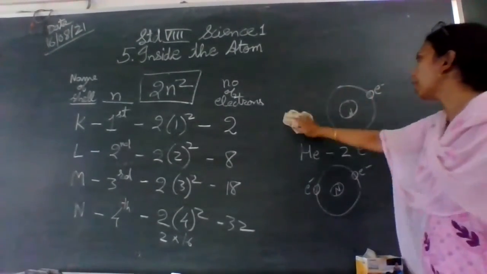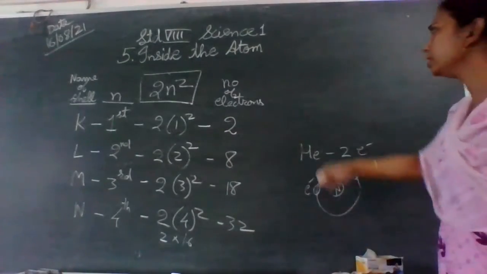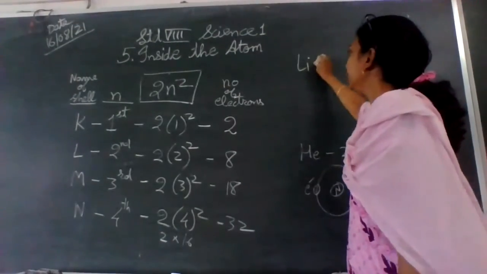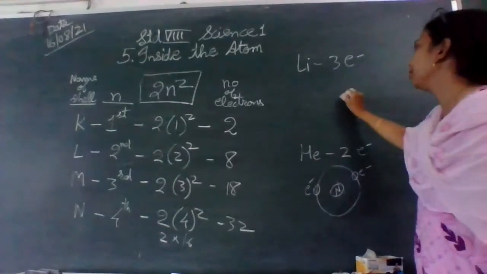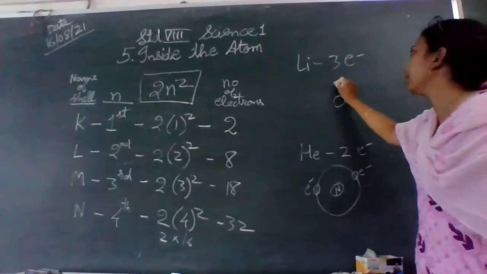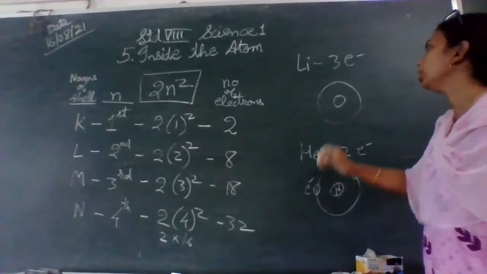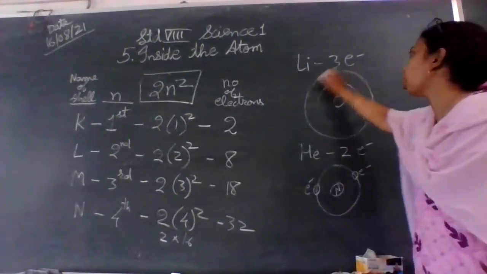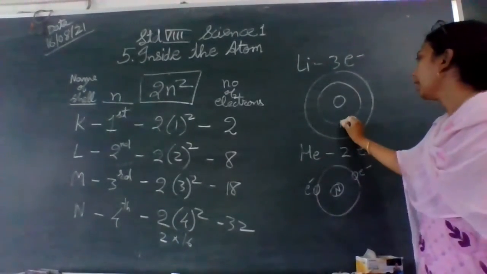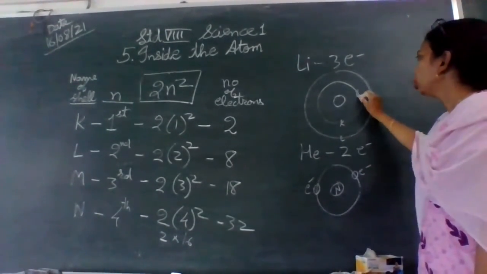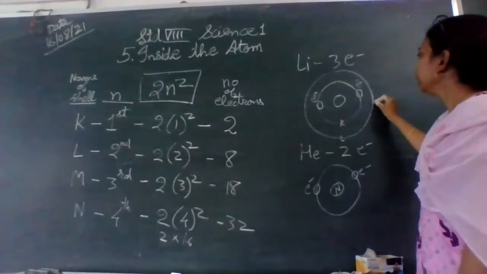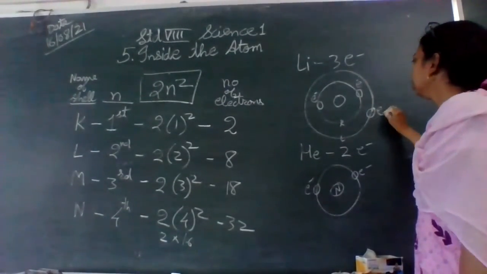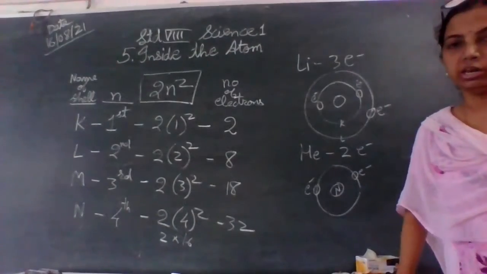If you go for further elements like lithium, lithium has 3 electrons in its atom. So how will you draw the atom of lithium? You have to draw 2 orbits, K and L. Here, 2 electrons in the K shell and only 1 electron in the L shell.